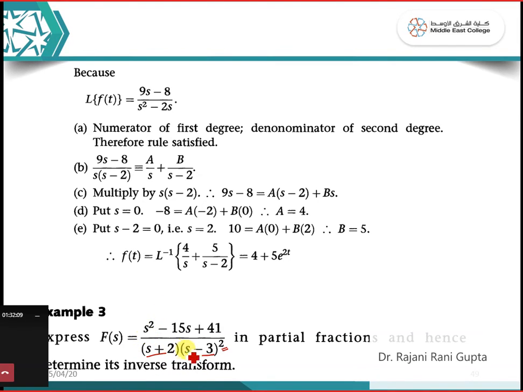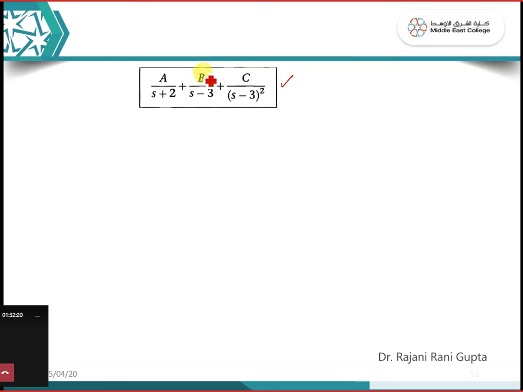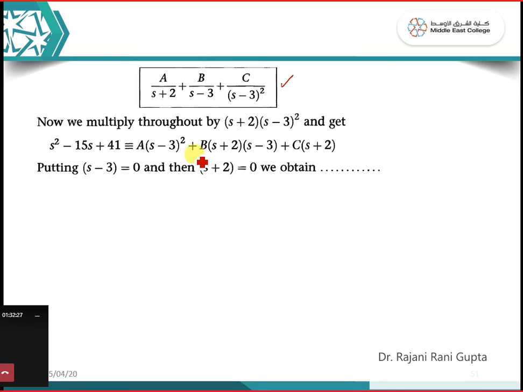I'll just give you the idea how you work with this. Here everything is same except one thing. You start with a over s plus 2, b over s minus 3, c over s minus 3 power 2. This is how you get the terms. I'll just explain this and then we are done. We say that this is equal to, first of all, the denominator will be same as in the question.